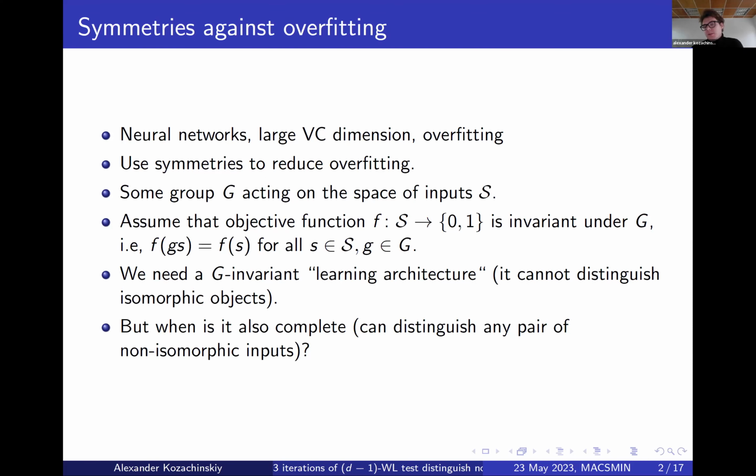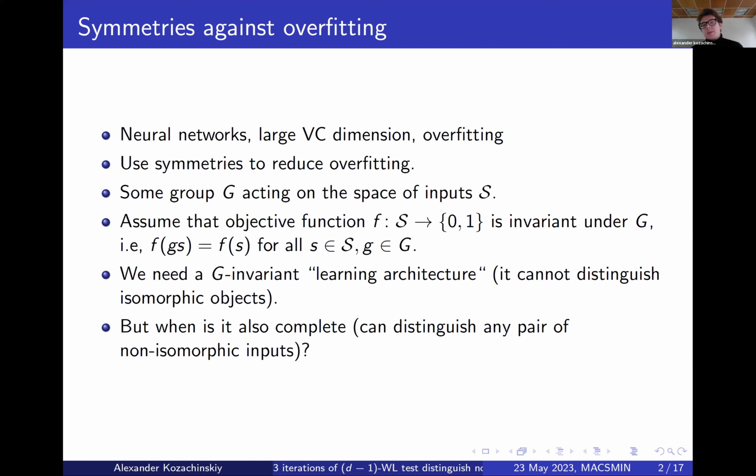The problem is that if our family of hypotheses is too large, like neural networks, then unless the training data is very big, it will perfectly fit the training data, but when you get new examples, it will fail. That happens because of the large VC dimension of the families that we use.